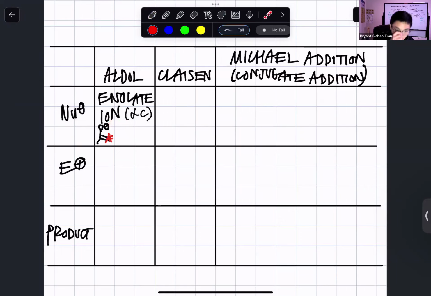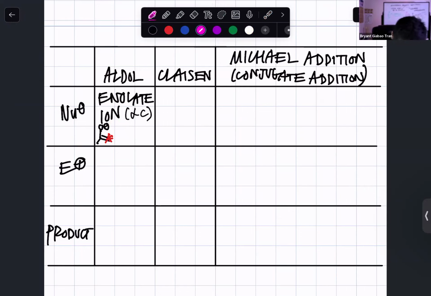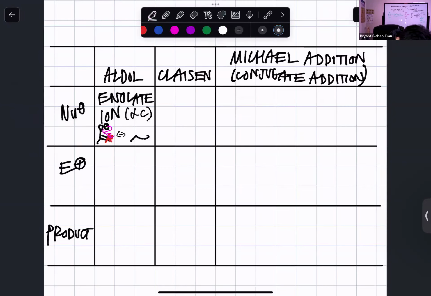It looks like the nucleophile is the O minus because the negative charge is directly on the oxygen, but it's not, because when we do resonance, we get this resonance structure where the negative charge is on the carbon. The negative charge on the carbon is less stable than the negative charge on the oxygen, and because it is less stable, it is more reactive, more nucleophilic.